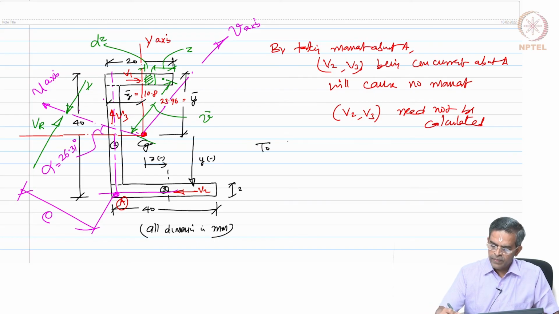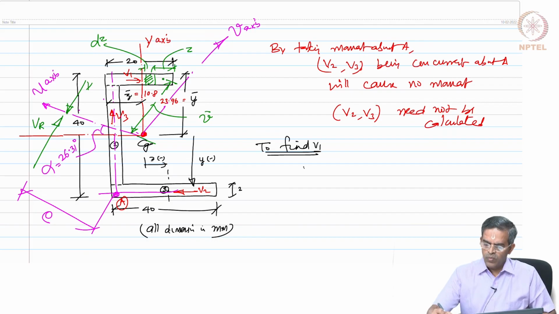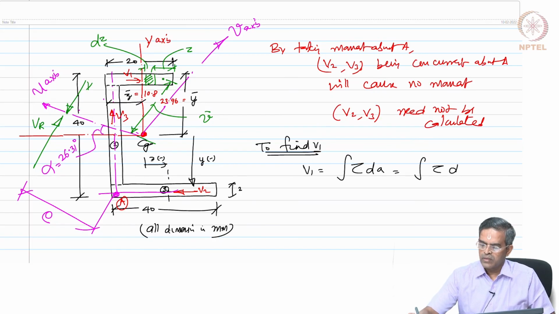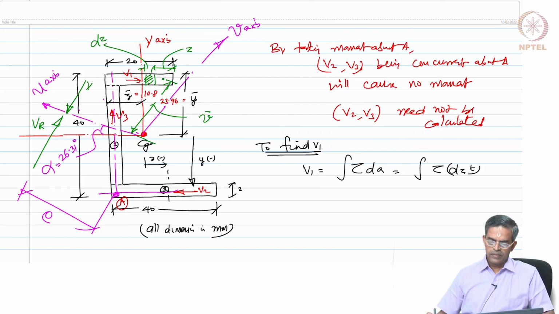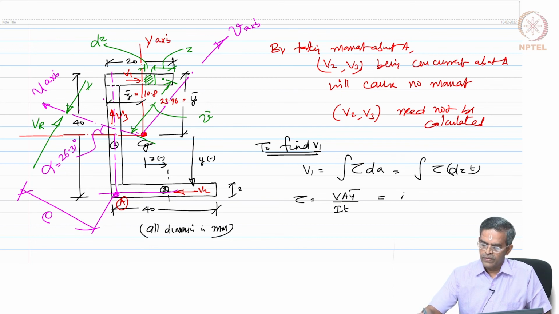So, now to find V1. V1 is integral tau dA, which is integral tau t dz. So, tau is V A y bar by I t, which is V A, now V bar by Iu into t.